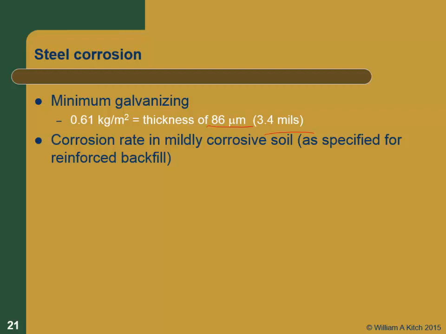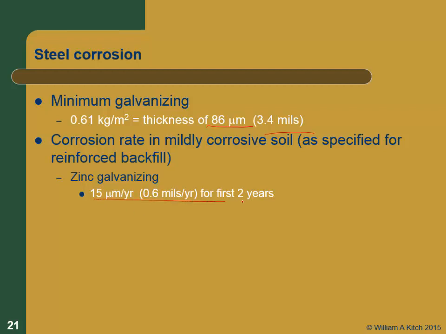If for some reason you end up designing someplace where you don't, then you're going to have to understand the chemistry, or get somebody to understand the chemistry for you and estimate a different one. So this is based on the assumption that the reinforced soils have those specifications that are listed in your design manual, and that we're using zinc galvanizing. There's other kinds of galvanizing out there, but this is by far the most common.